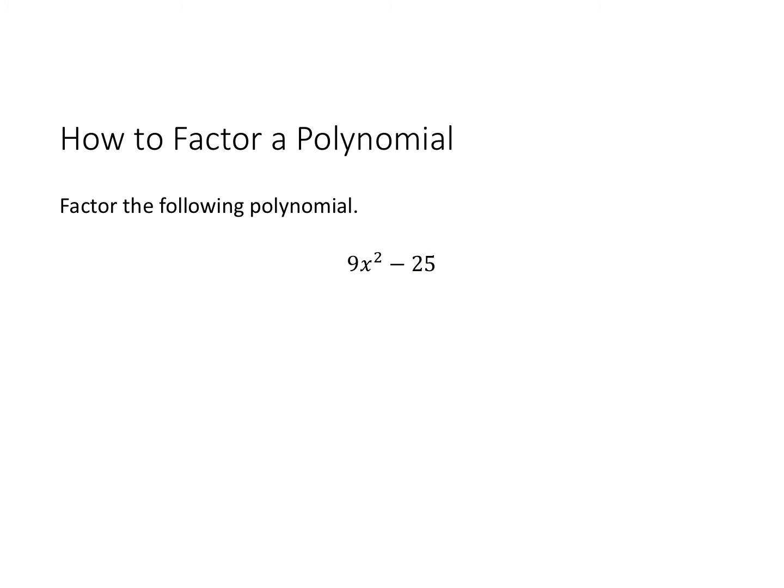All right, let's take a look at this polynomial. Now this one's a little different from the other two. This is a special type of polynomial. This one is an example of what we call the difference of two squares. Anytime you have a polynomial that is the difference of two squares, difference meaning we've got that subtraction sign, and two squares because the first term is 9x squared.